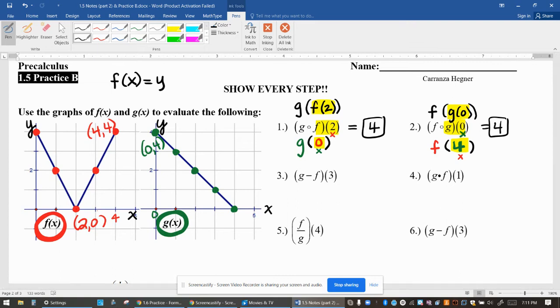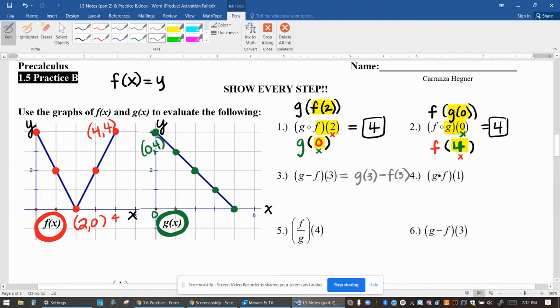For the next problem, they want you to do g minus f of 3. Since we don't have equations, I can't subtract the two functions and then substitute the 3. So it's very important that you look at your notes and ask yourself, how else can I write this? You can separate it into g of 3 minus f of 3, and it'll still be the same answer.